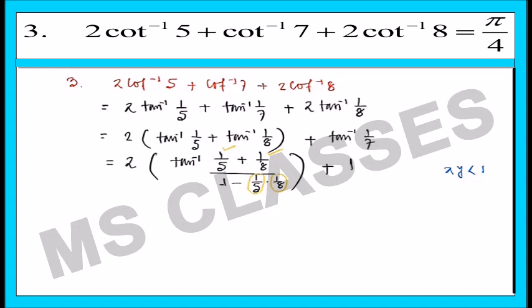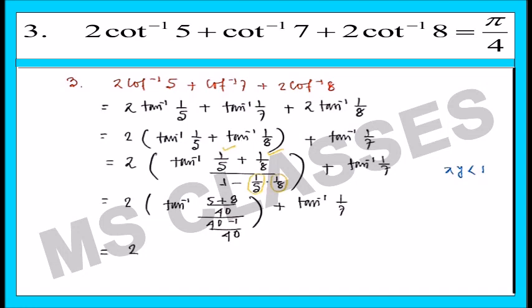Now, if you simplify this, it is 2 tan inverse of (1 by 5 plus 1 by 8) divided by (1 minus 1 by 40), plus tan inverse of 1 by 7.